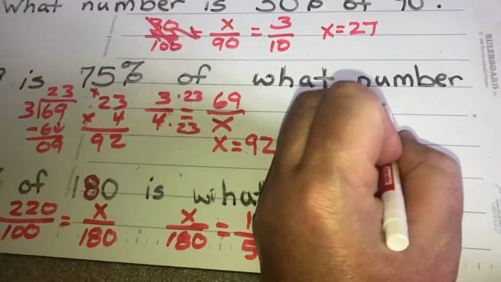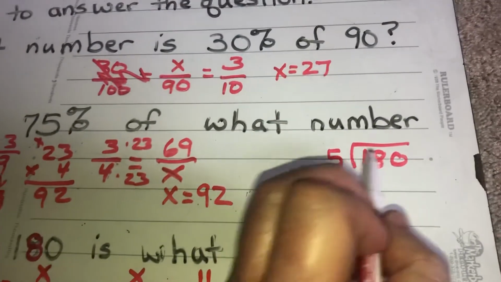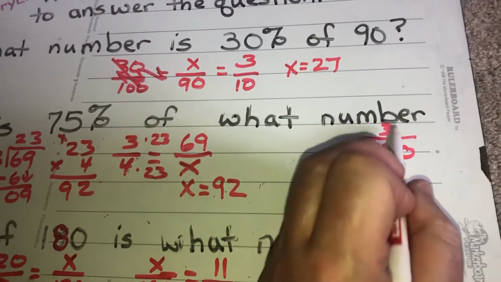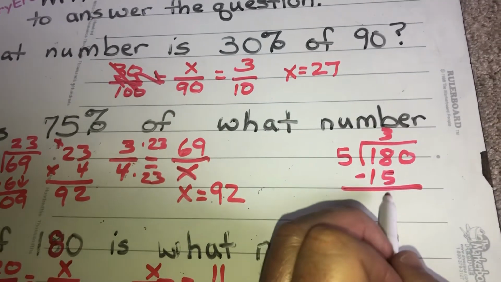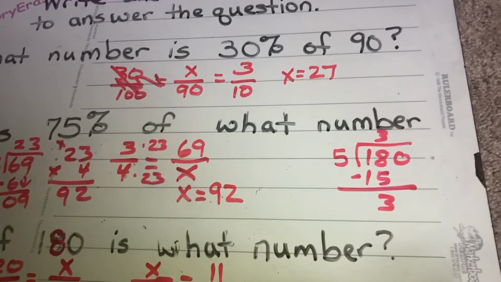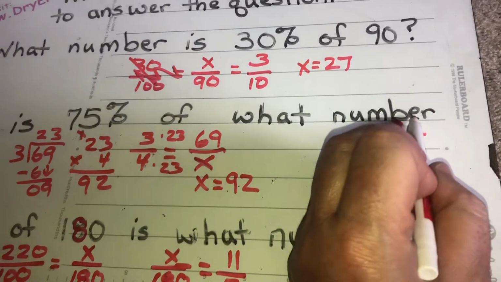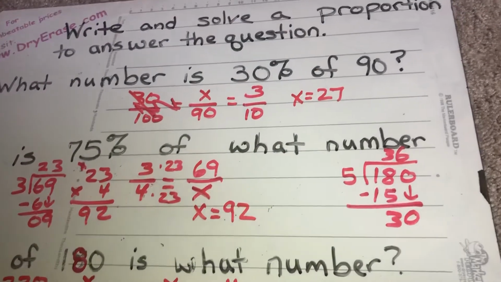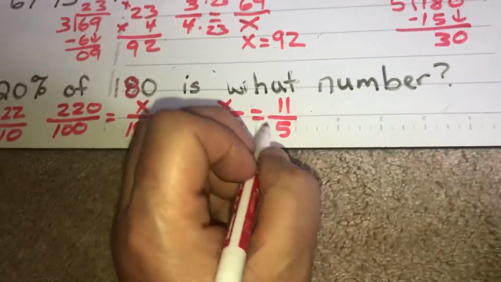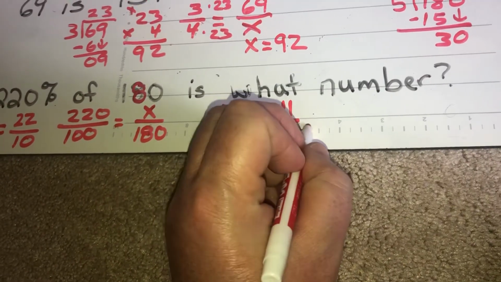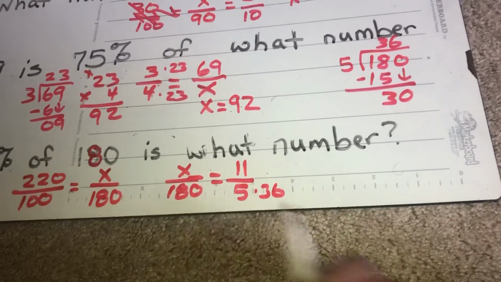So we're going to come over here, 5 going into 180. 5 can go into 18 3 times. 3 times 5 is 15. 18 minus 15 is 3. Drop my 0. 5 can go into 30 6 times. I know there's none left over because 5 times 6 is 30. So I did 5 and I multiplied that by 36. That gave me 180. So I have to do 11 times 36.